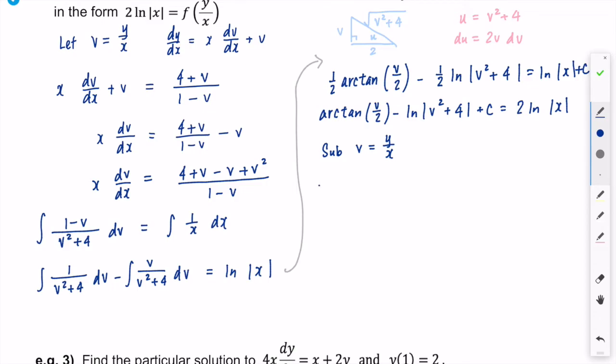Then arctan of y over 2x minus ln of 4 plus y squared over x squared, plus c, is equal to 2 ln x. Okay, so this is an implicit function, but we can leave it in this form.